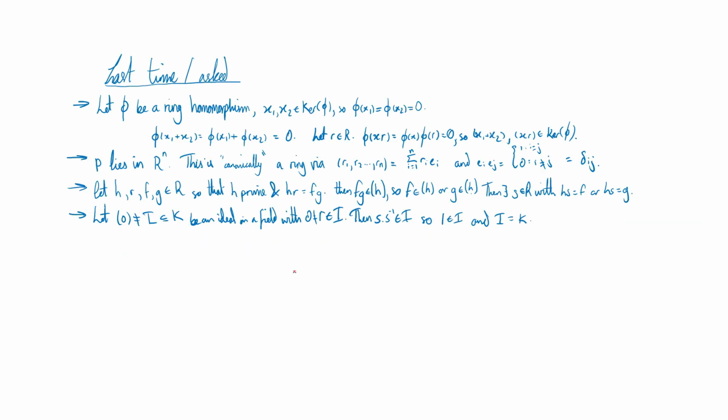So, last time I asked a bunch of very easy things just to get those cogs in your brain working. So, firstly, this is just define what a kernel is, and then just use the definition of a ring homomorphism. So that's easy. I'll get back to this one because this is more of a thinking one. I didn't include that Z is a unique factorization domain. That's just to look up what the fundamental theorem of arithmetic is.